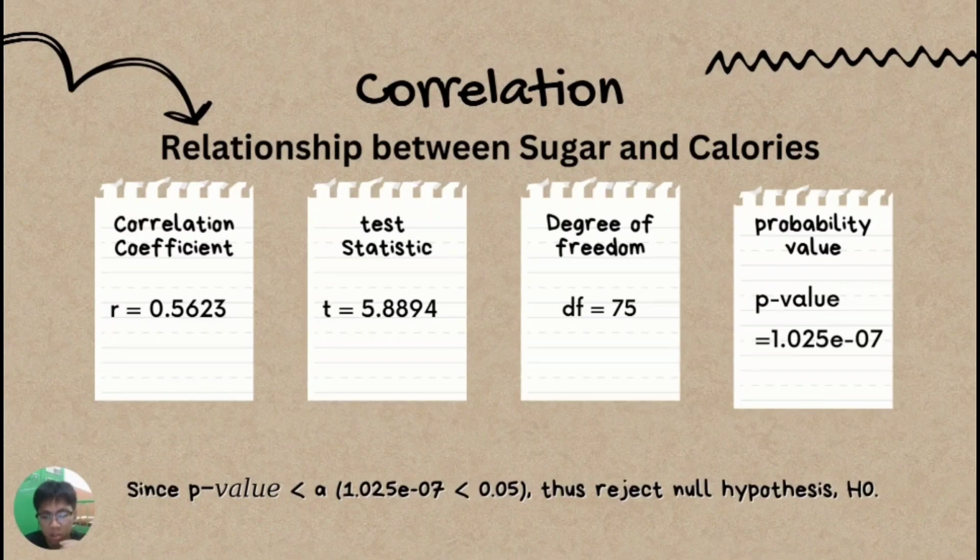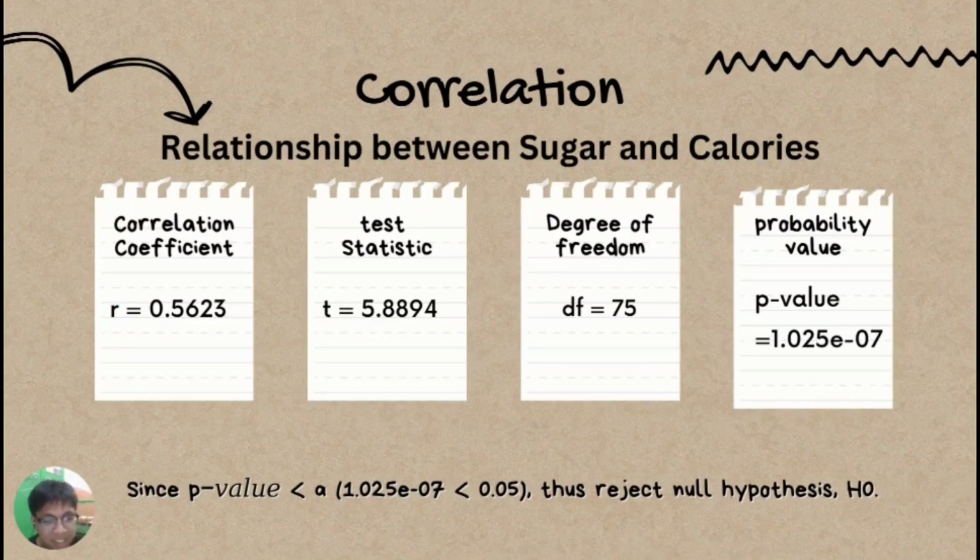In this test, I also use the formula of Pearson product moment correlation coefficient. I found the correlation coefficient is equal to 0.5623. The test statistic is 5.8894. The degree of freedom df is equal to 75, while the probability value p value is equal to 1.025 exponential negative 0.7.